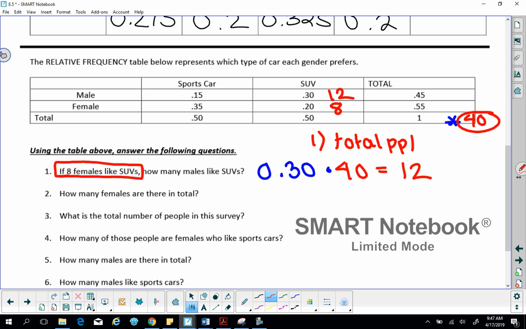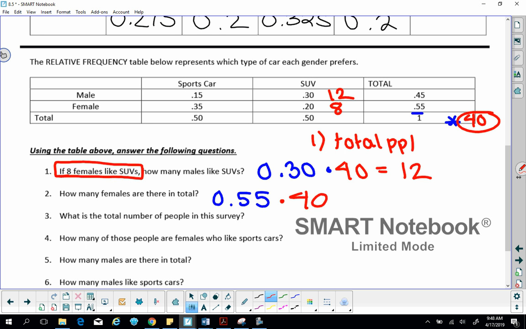For some reason, this was a big struggle for this unit for a lot of people. But now you're just doing the same thing over and over again. How many females are there total? Which decimal represents the total females? 0.55 right here, right? And now I'm always just multiplying it by the total amount of people. How many people are there? 40.